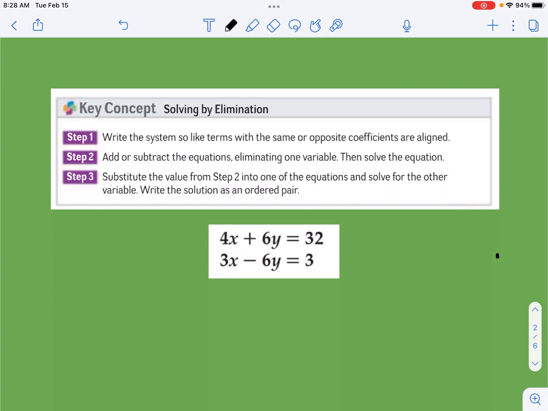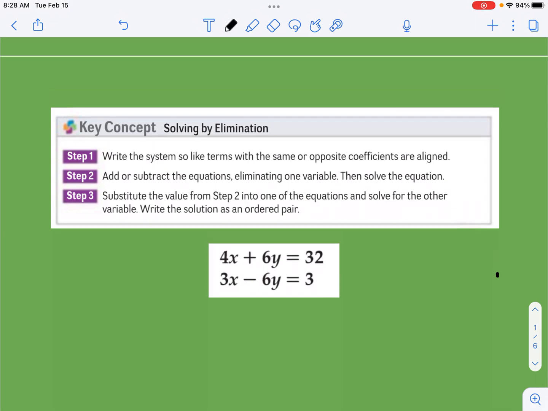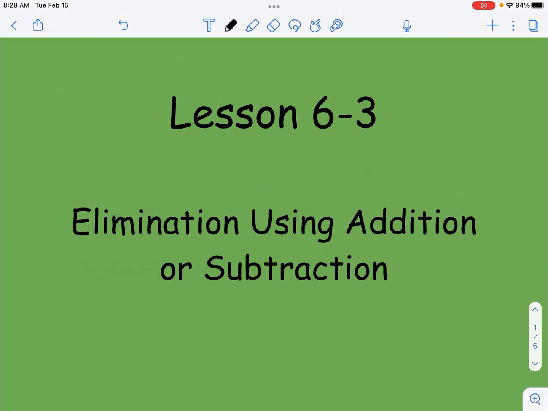So let's look at the next thing we want to do, which is solving systems of equations using a concept called elimination. Elimination literally means you're eliminating one of the variables. So instead of substituting and getting everything to one variable, we're going to get it to one variable by getting rid of something instead.